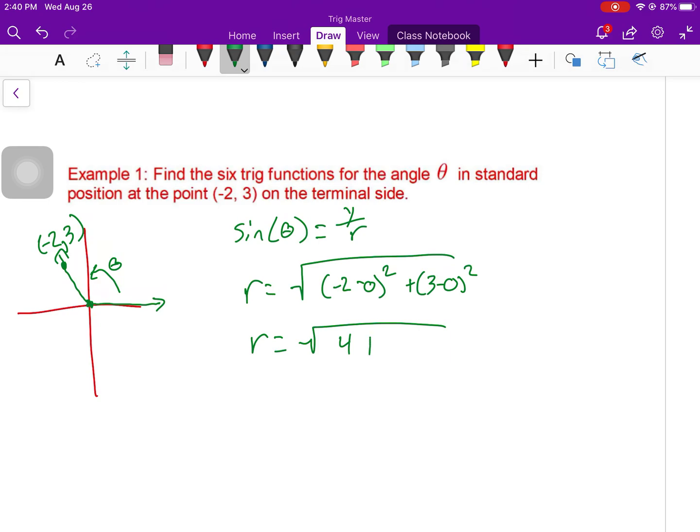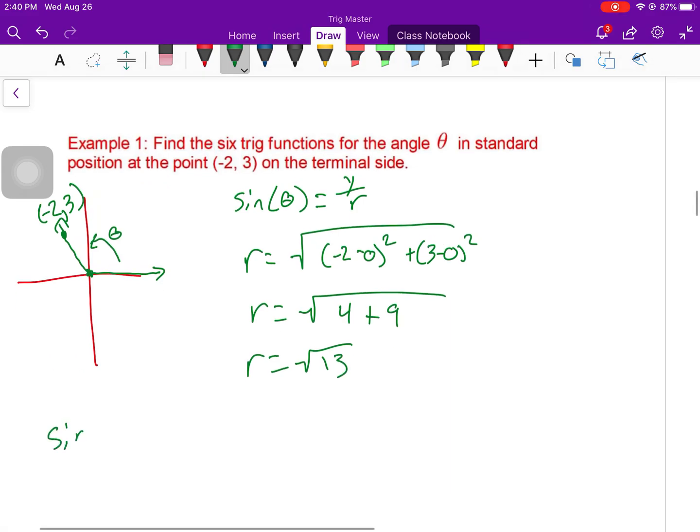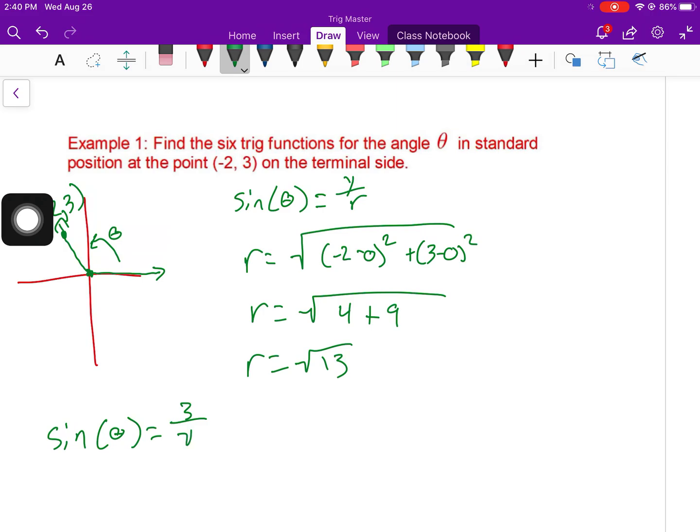If I square that, I've got 4. And 3 minus 0 squared is going to give me 9. So r equals the square root of 13. So that tells me that sine of theta equals the y value, which in this case was 3, over square root of 13. That's how to find sine, okay?